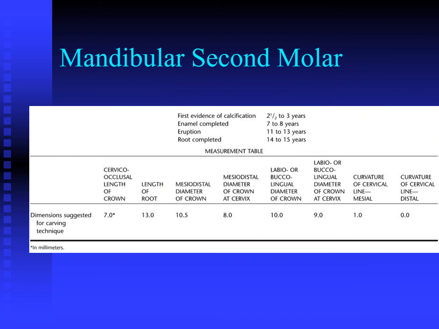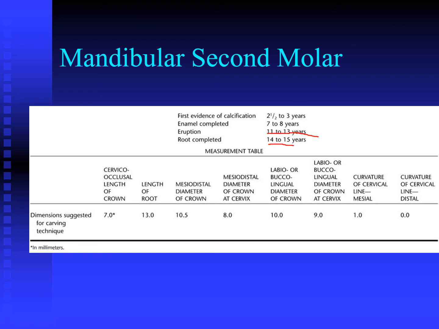The mandibular second molar has many of the similar characteristics to the mandibular first molar. The eruption is generally 12 years old, again in keeping with the second molars being the 12-year molars. The root is completed usually 2 to 3 years past the eruption of the tooth.